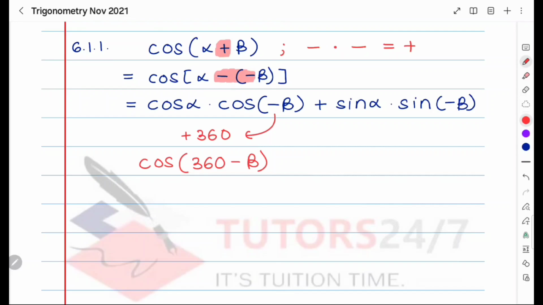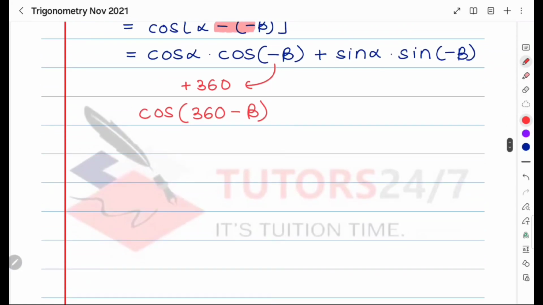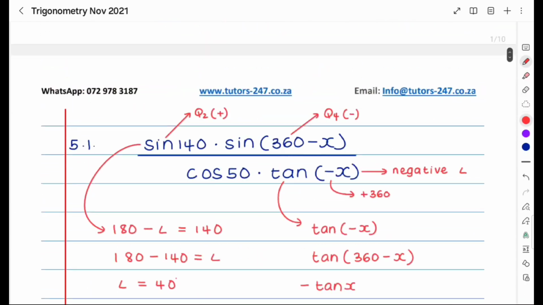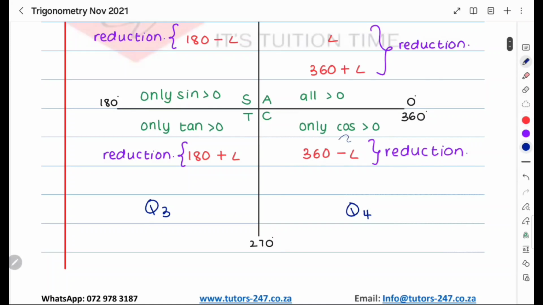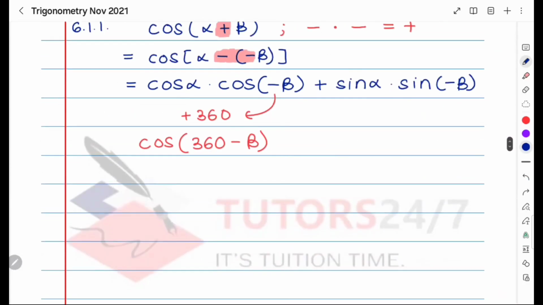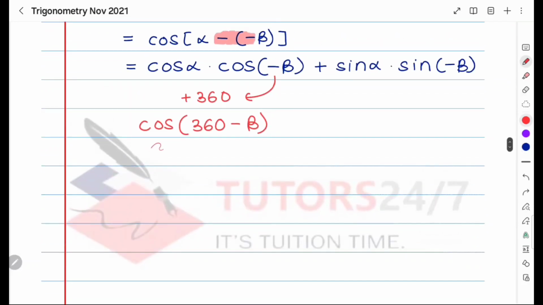All I did was add 360, so it is still positive 360 and the original negative beta. From here, we can reduce this. We know 360 minus beta is in the fourth quadrant. If we go back to our CAST diagram, you can see for yourself that 360 minus some angle is the fourth quadrant, and we know that cos is positive in the fourth quadrant. So this is going to get reduced into positive cos of the angle. So it is now positive cos beta.